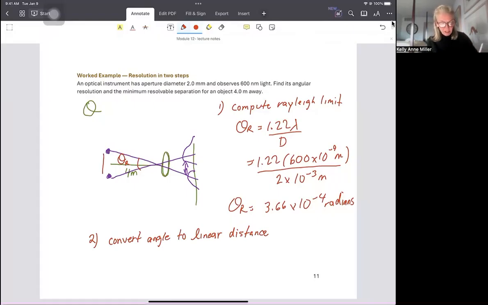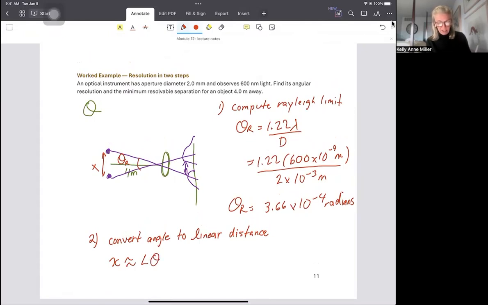So basically to calculate this distance x. Okay. So x is approximately equal to L times theta.